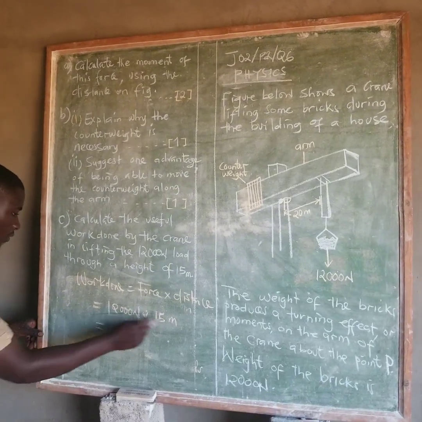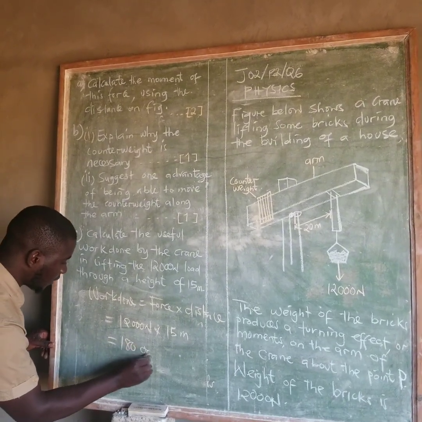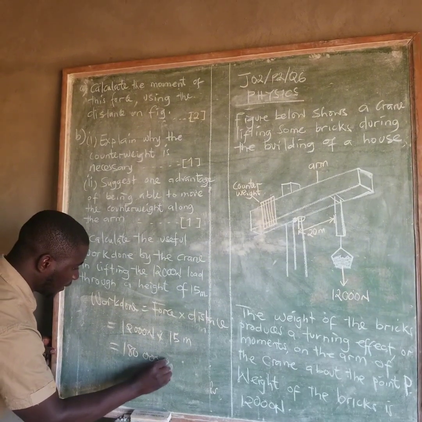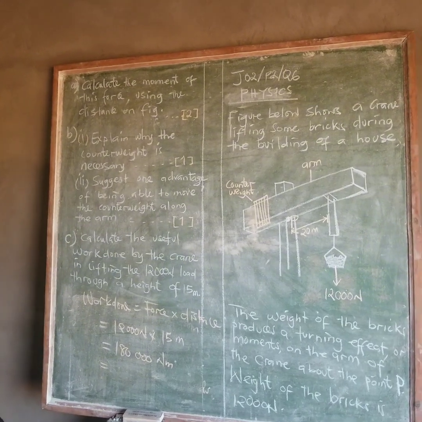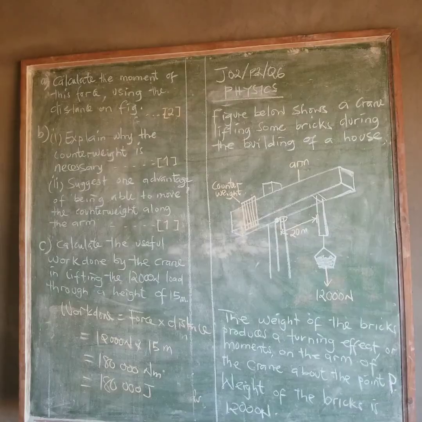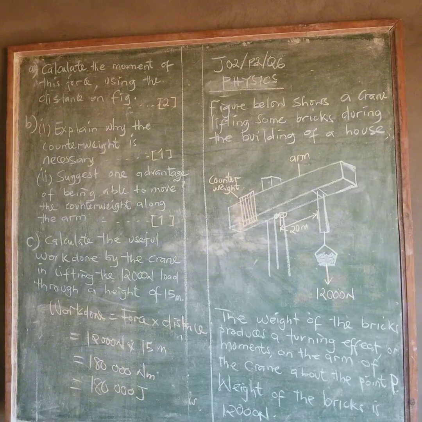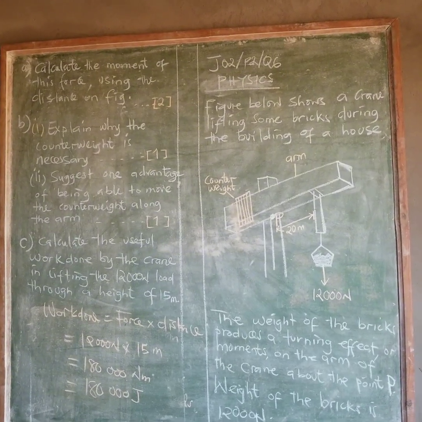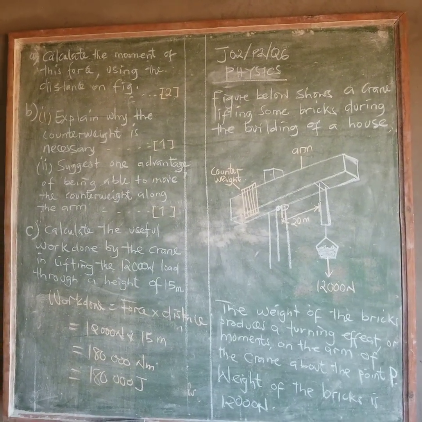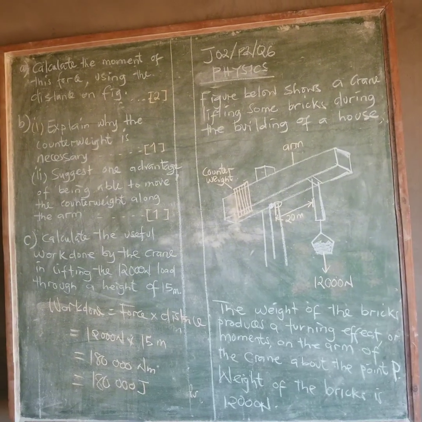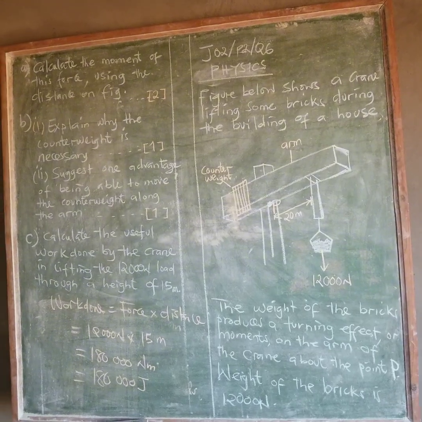When you multiply here, you get something like 180,000 Newton meter. We express work done in joules, so the answer is 180,000 joules, to differentiate it from moments, which are in Newton meter. Thank you.